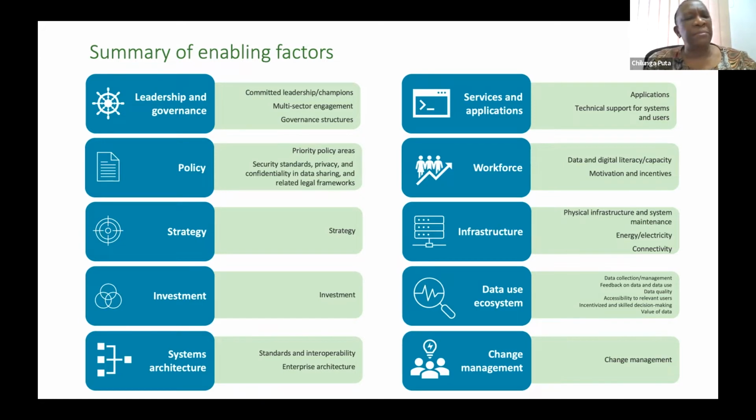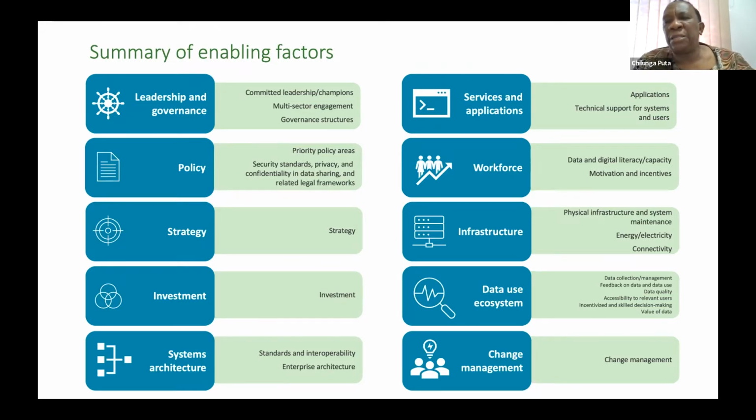Even just the environment, is it supportive or is it not supportive, and so on. So this actually was also one of those things that was very important. Services and application, the technical support for systems and users came out as important. And then, of course, the critical factor, the workforce.